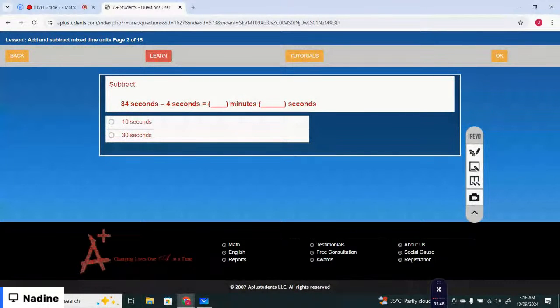Okay, so the next one is subtracting seconds. That is 30 seconds. Option number 2 is the correct option, right? The correct option is 30 seconds.